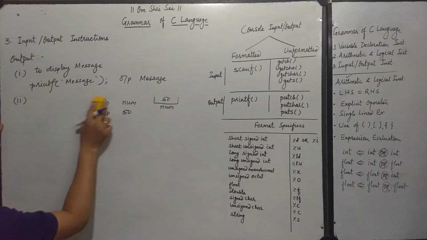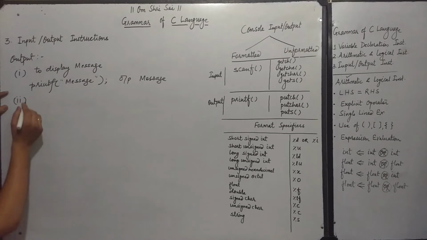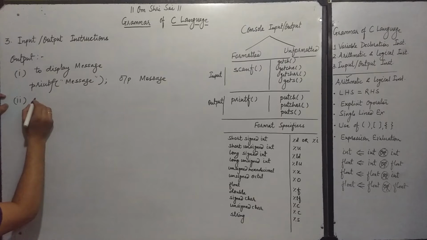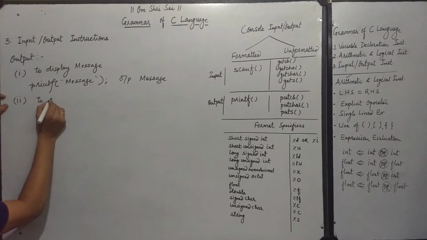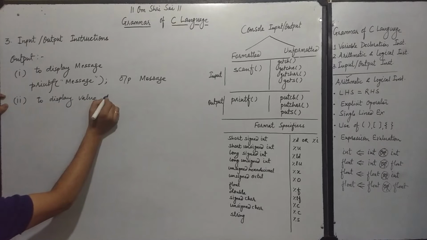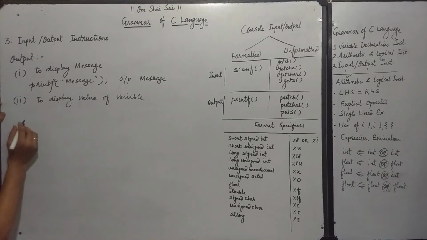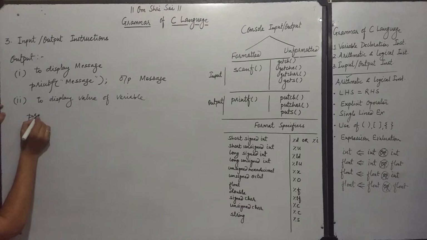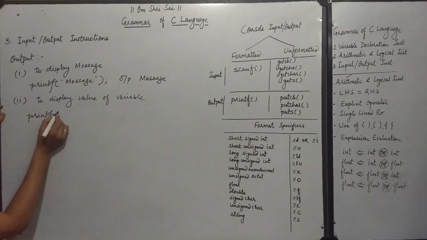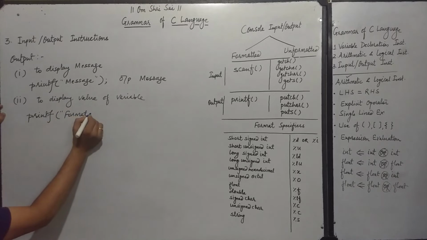उस केस में तो हमें यहां पर दूसरा सिंटेक्स या दूसरा फॉर्म यूज करना पड़ेगा printf फंक्शन का. तो printf फंक्शन का दूसरा फॉर्म है to display value of variable. Then in that case what will be the syntax? So we must have to write printf function, printf, then again format specifier.